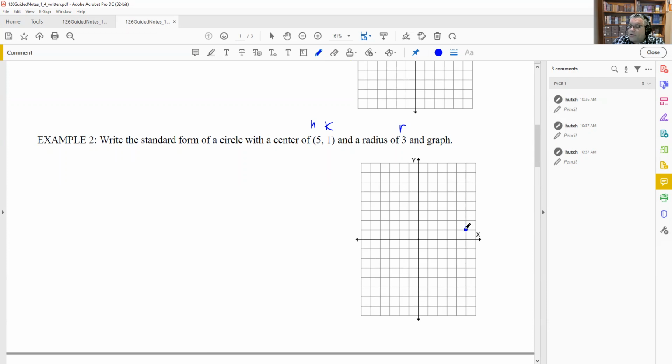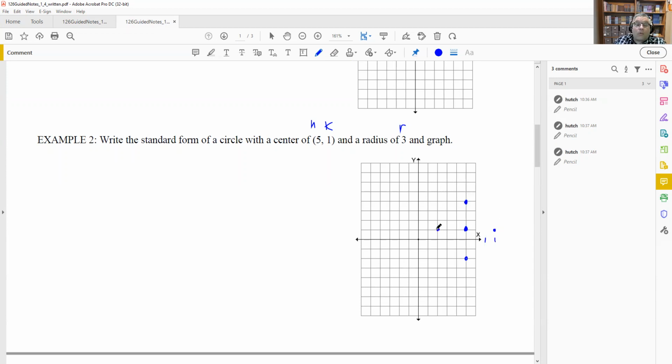The radius is 3, so we're going to go up, down, left, and right 3. So I go up 3, down 3, to the left 3, and to the right 3. We'll have something about right here. Kind of goes a little bit off the graph there, but this is what it'll look like.